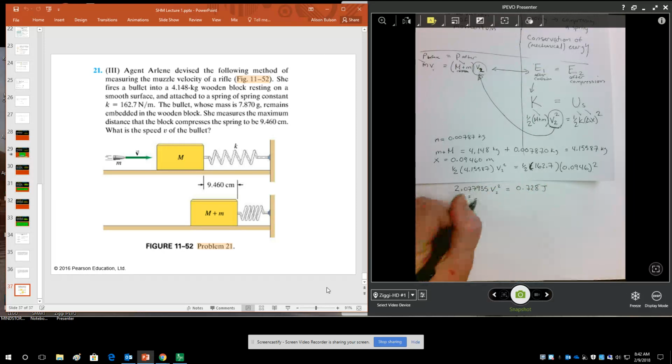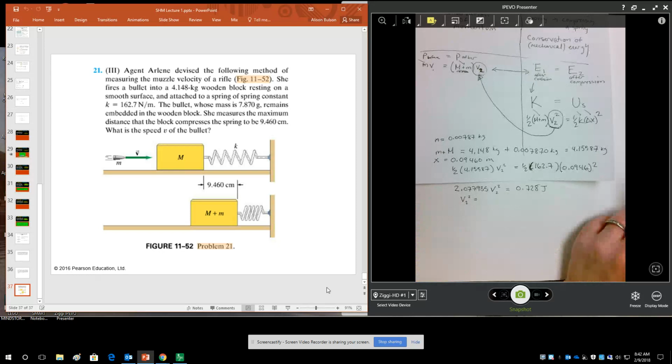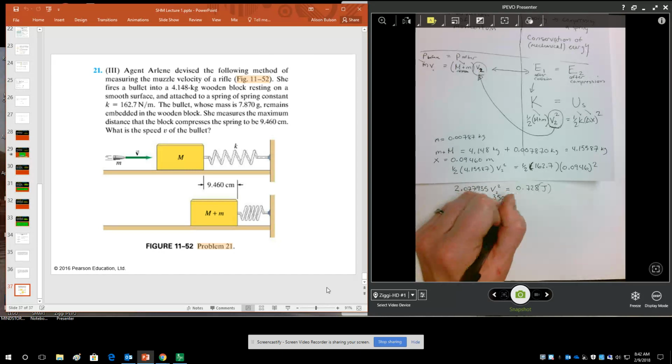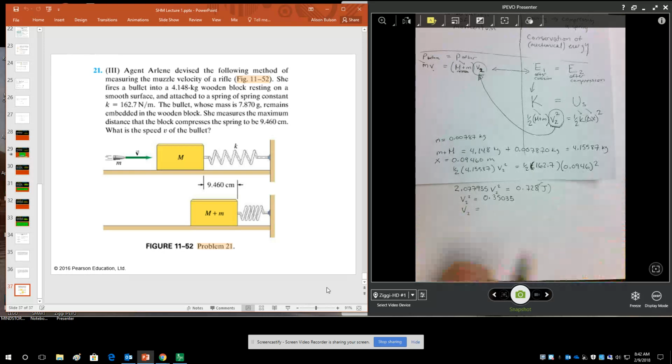V2 squared then equals 2.077 and some stuff. And so V squared is 0.350354 and some more digits. So V2 is 0.592 meters per second.